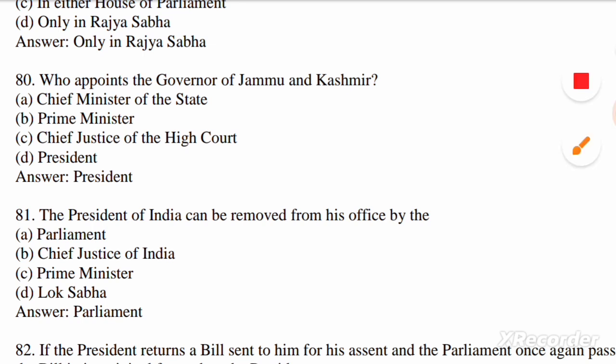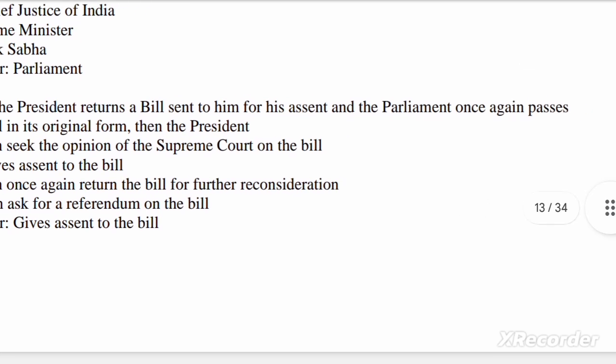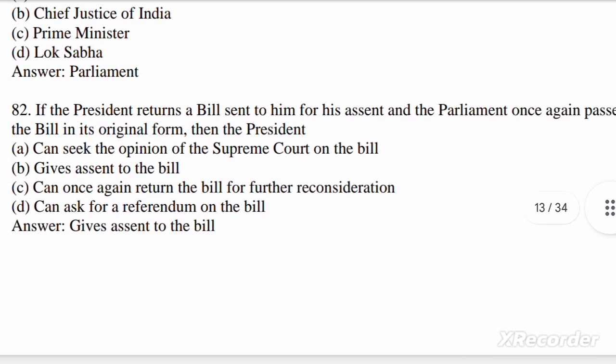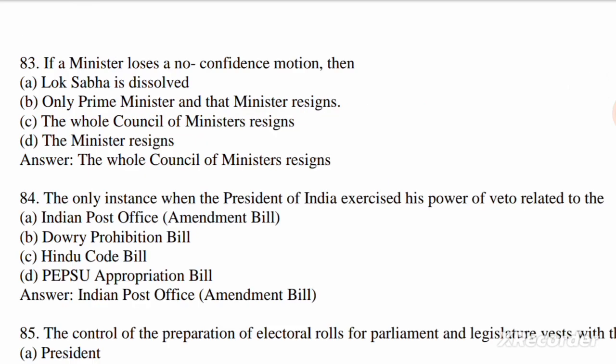82. If the President returns a bill sent to him for his assent and the Parliament once again passes the bill in its original form, then the President gives assent to the bill. 83. If a minister loses a no confidence motion, then the whole Council of Ministers resigns. 84.